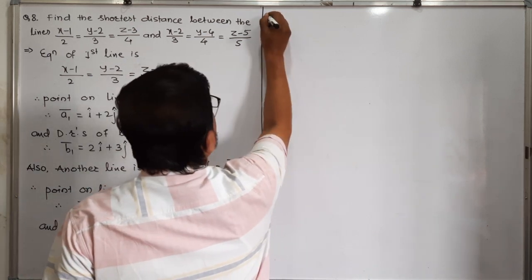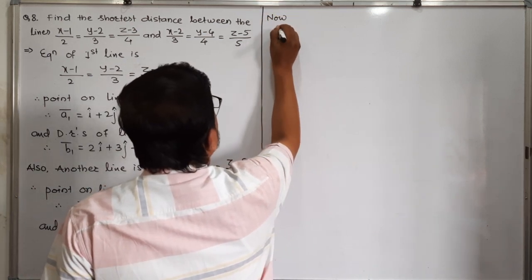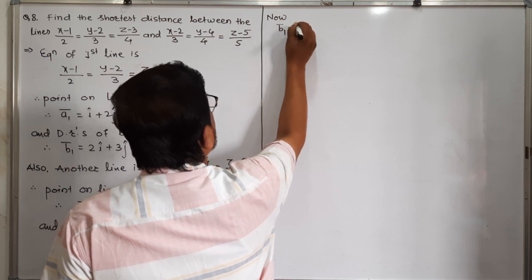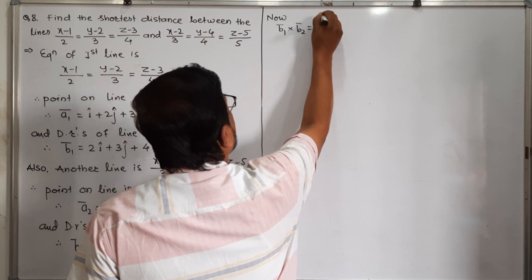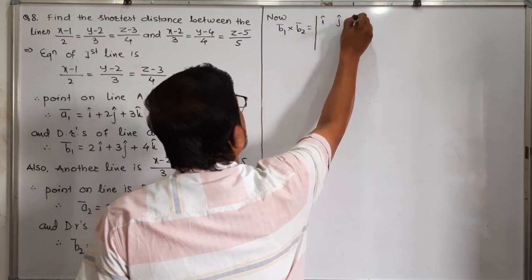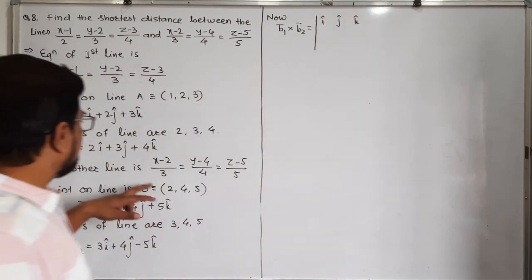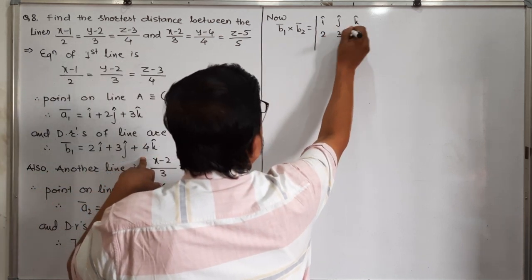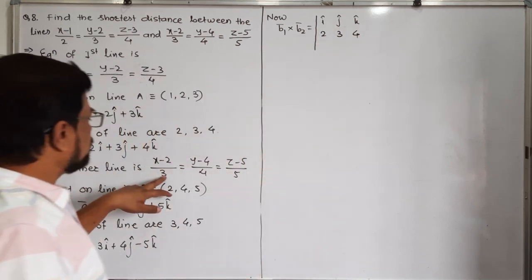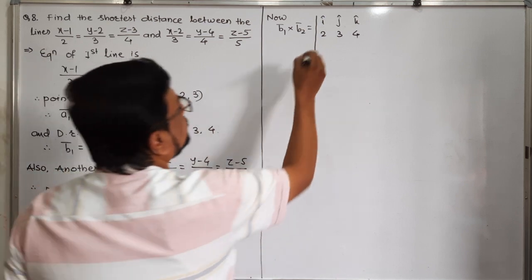b1 cross b2. Now, b1 vector cross b2 vector is equal to determinant i, j, k. Components of b1 are 2, 3, 4, and components of b2 are 3, 4, 5.